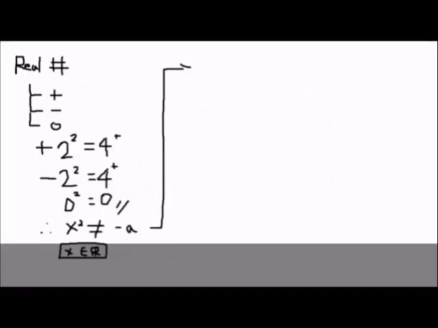Now let's look at imaginary numbers. Mathematicians have made a unit called i, and when i is squared, by definition it makes -1. i is also called the imaginary unit.